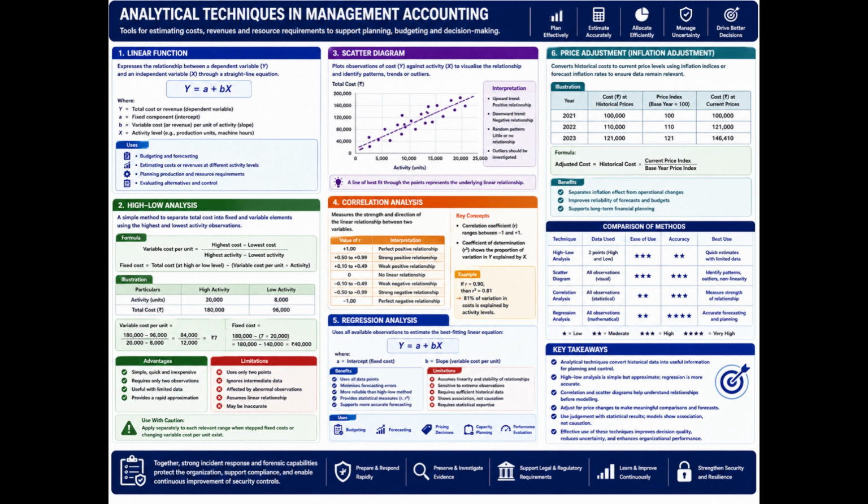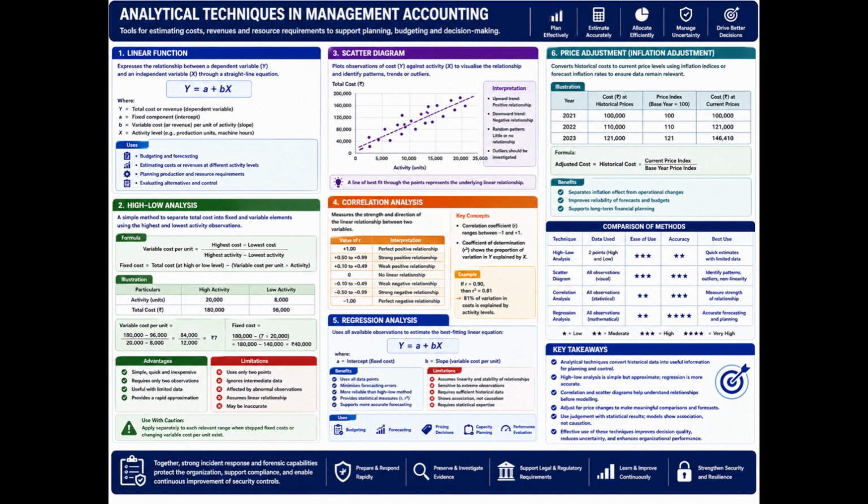Once the values of a and b have been estimated, managers can predict future costs or revenues at different activity levels with reasonable accuracy. One of the simplest methods for estimating a linear cost function is the high-low method. This technique separates total cost into fixed and variable elements by selecting the highest and lowest activity observations from historical data.